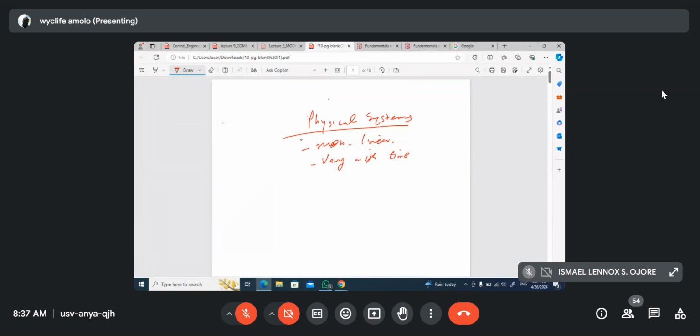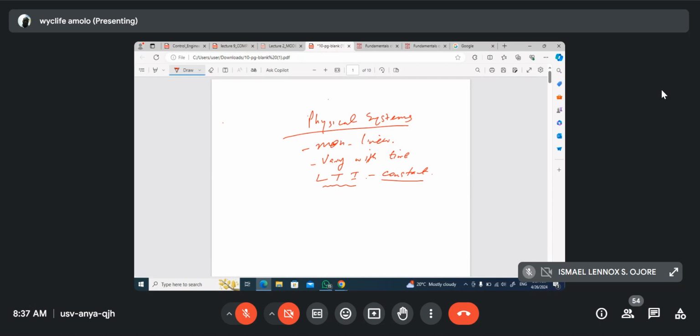And control systems should be linear, the LTI, that should be a linear time invariant system, so that they remain constant. Most of the parts remain constant.